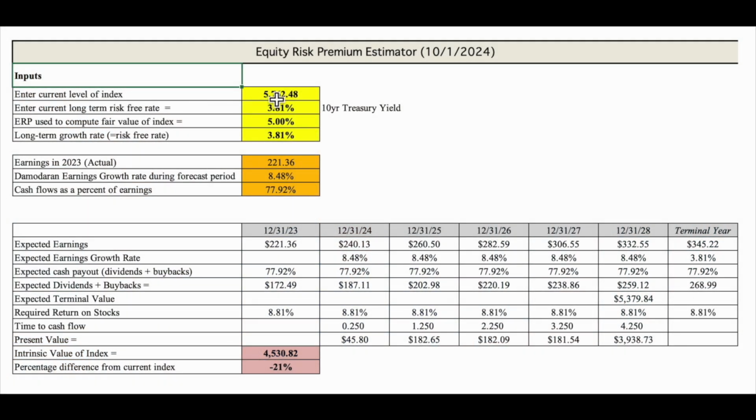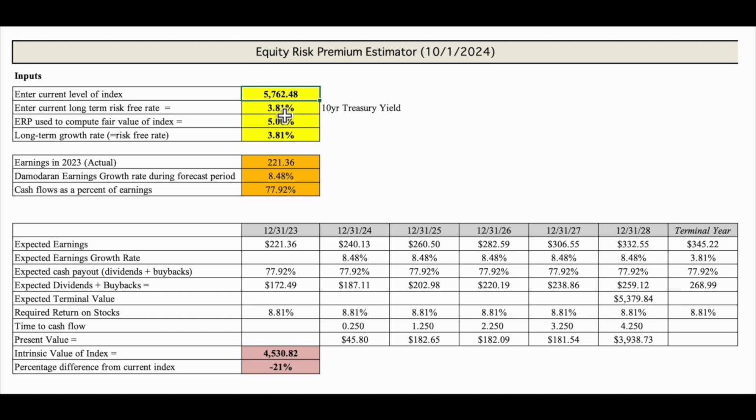The first input that we use here is the current level of the index. And this calculation was done both by Professor Damodaran and by Cornell Capital Group on October 1st, 2024. So all data is from that point. And the close of the S&P 500 on that day was 5762.48.